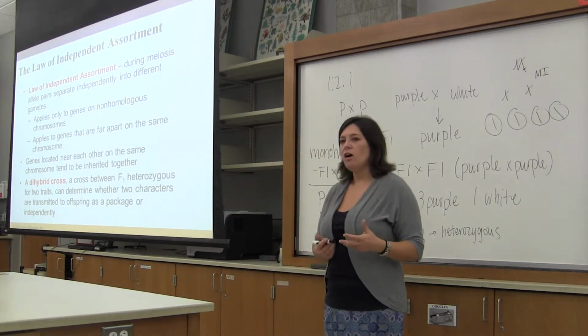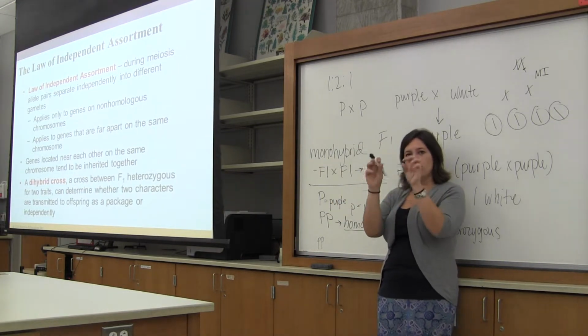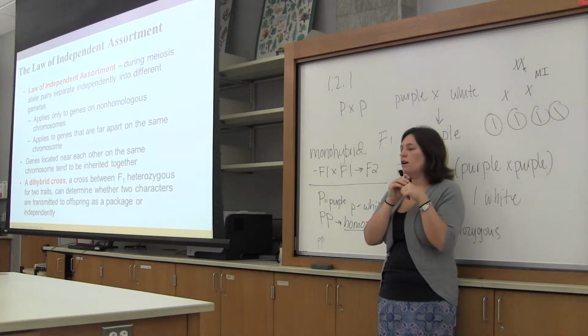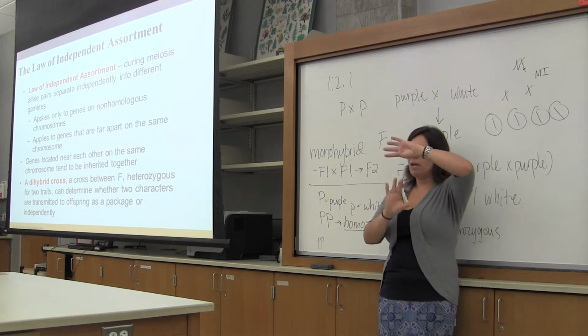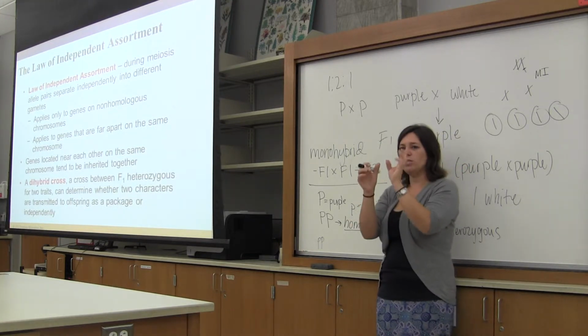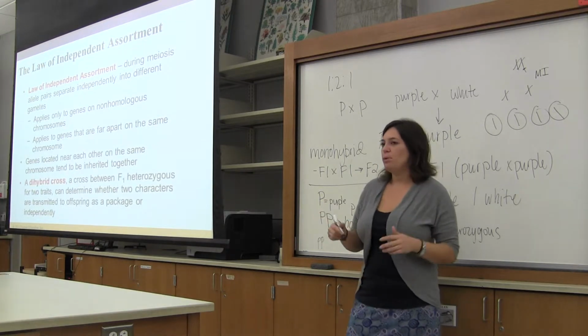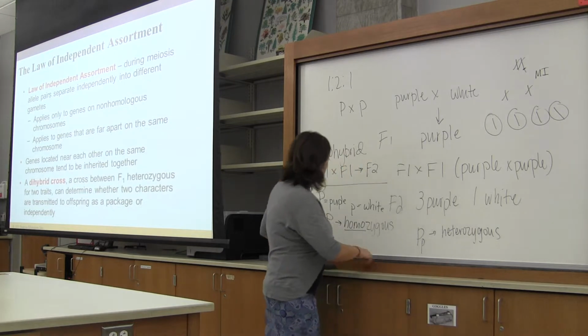That law deals with how those homologous chromosomes line up with one another in metaphase 1 of meiosis 1. Remember, how those homologous chromosomes are arranged can dictate which alleles get put into which gamete.